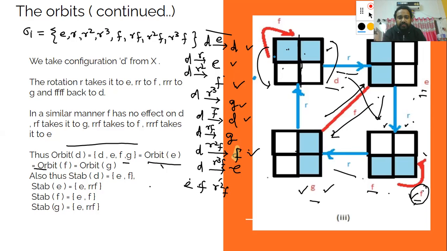So this is out. So these are the only two elements which come in the stabilizer of D. And that is what is listed here. Similarly, we can find out the stabilizer of E, the stabilizer of F, and the stabilizer of G.